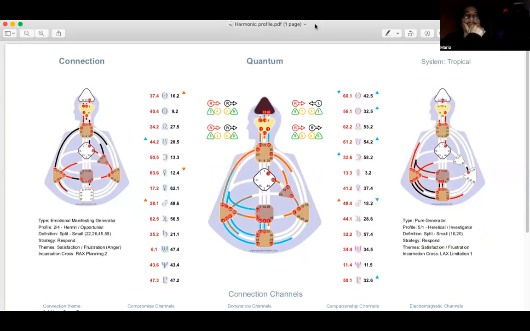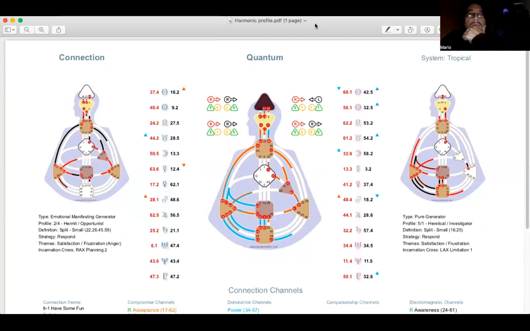And here it is. Here's an example. So this chart here, we have on the right-hand side a 5-1 pure generator, and on the left-hand side, we have a 2-4 emotional manifesting generator.